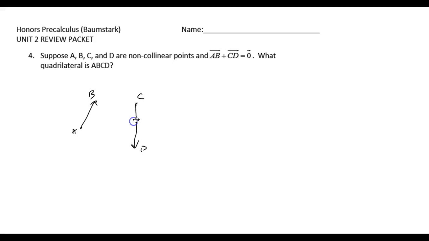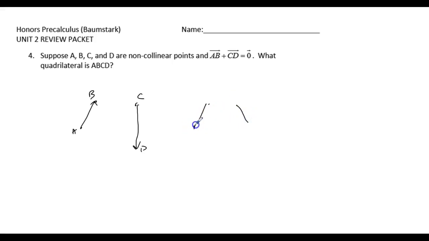So how can that happen? How do I need to change the orientation of C and D for that to happen? Well, they certainly need to be the same length. That would be the first set of reasoning in order to end up where I'm starting. So the length of AB and CD need to be the same.